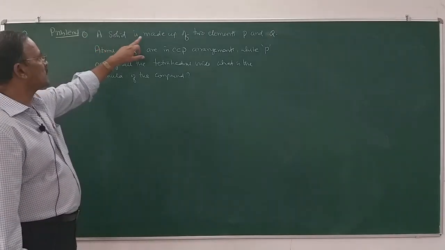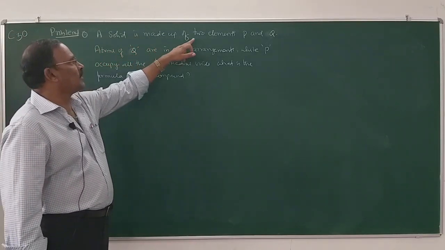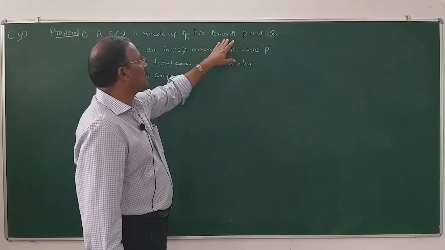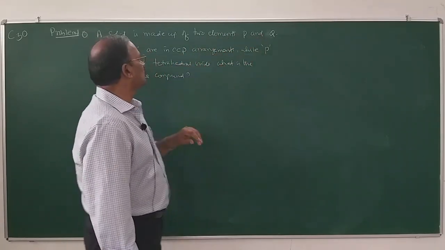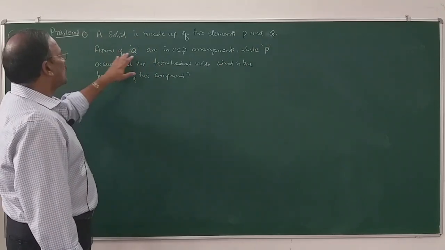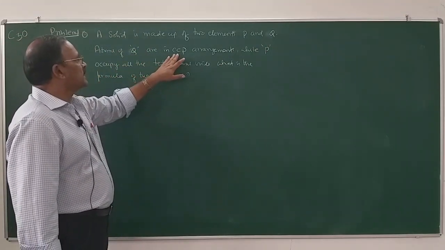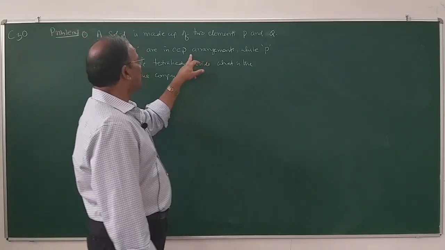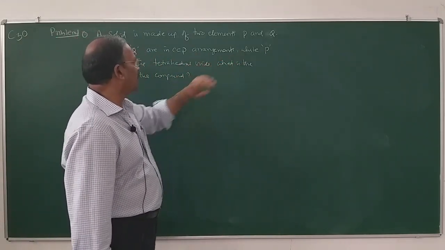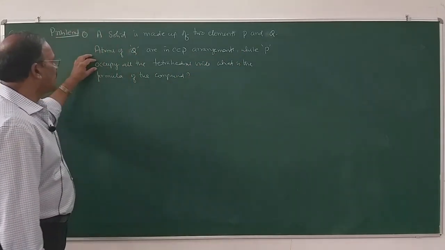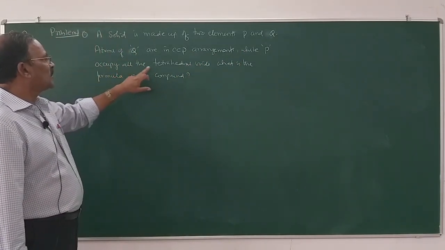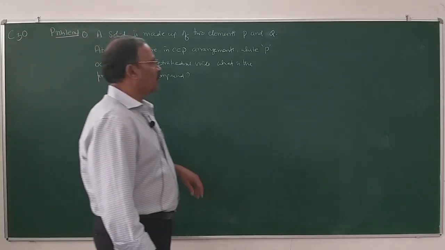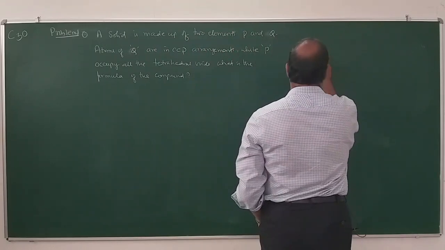A solid is made up of two elements, P and Q. Atoms of Q are in CCP arrangement, while the atoms of P occupy all the tetrahedral voids. What is the formula of the compound?